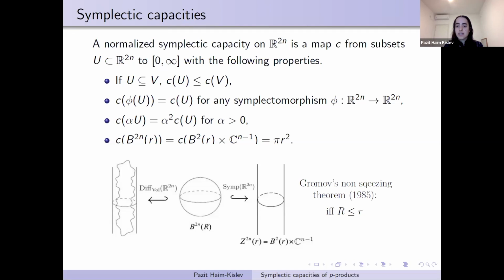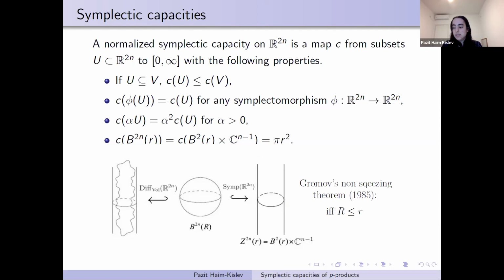In fact, the existence of a normalized capacity is non-trivial and is equivalent to Gromov's non-squeezing. As you can define the Gromov width, which asks what is the biggest ball you can symplectically embed into your domain, and the cylindrical capacity, which asks what is the smallest cylinder you can embed your domain into.